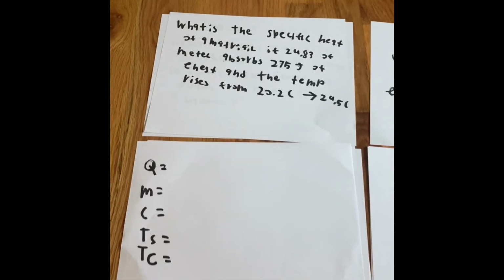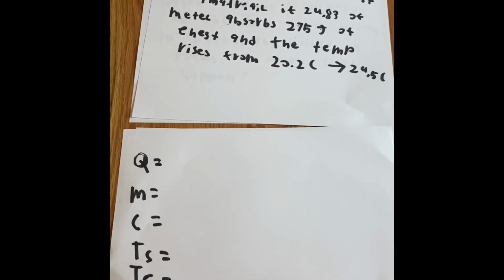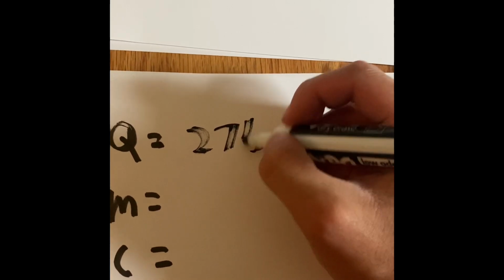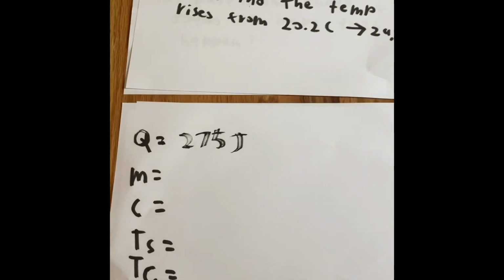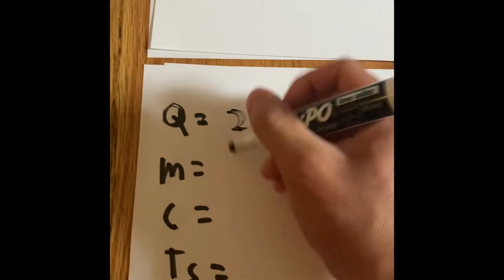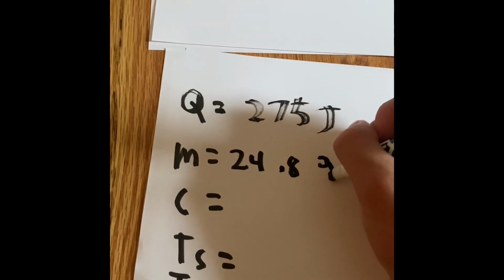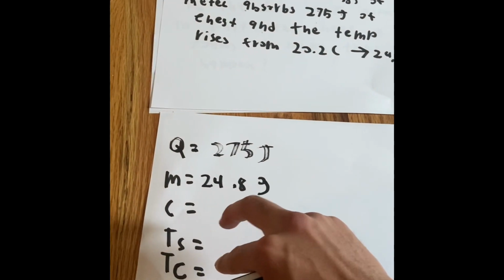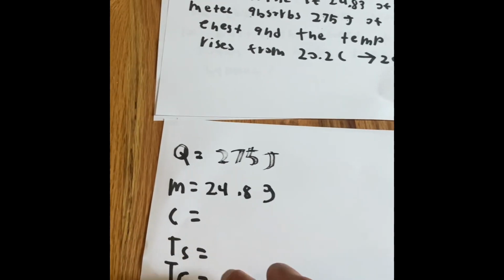What we already know, when we put it into our letters, is that our amount of energy Q is 275 joules. We can also say that the mass of the metal was 24.8 grams. We now understand the initial and final temperatures.